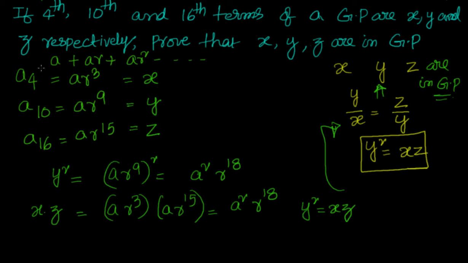Another way of looking at it: find y divided by x. y by x is equal to r to the power of 6. Similarly, z by y is also equal to r to the power of 6. y by x equals z by y, which is nothing but y square equals xz. So y by x being z by y itself tells us that x, y and z are in geometric progression.